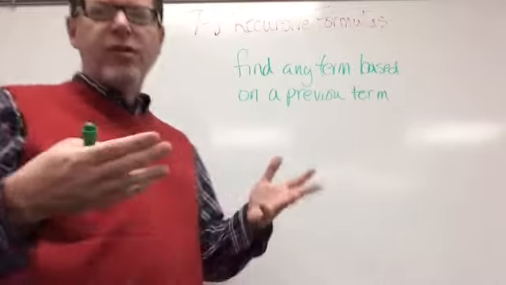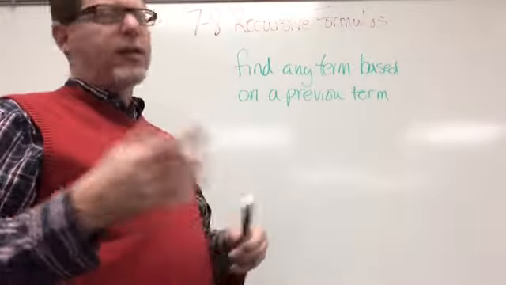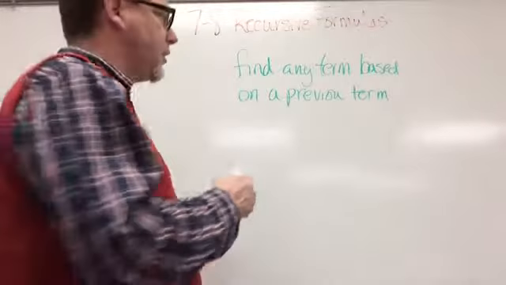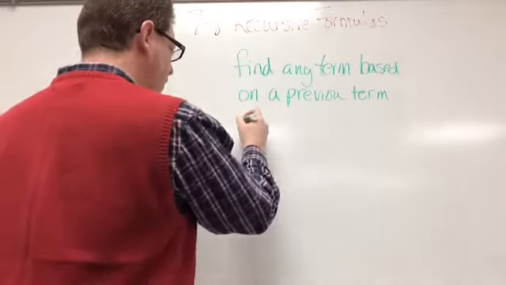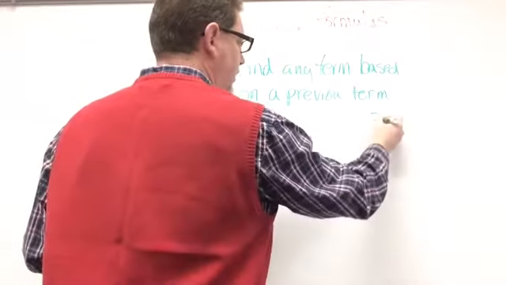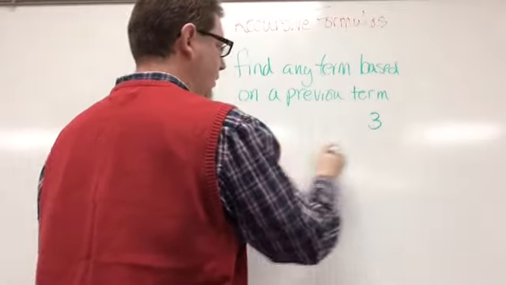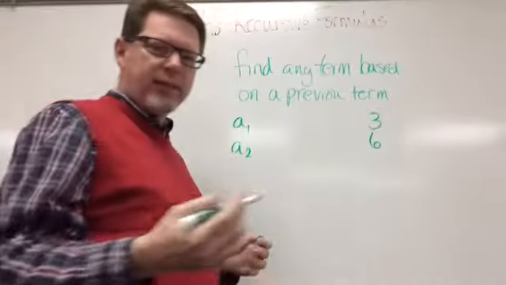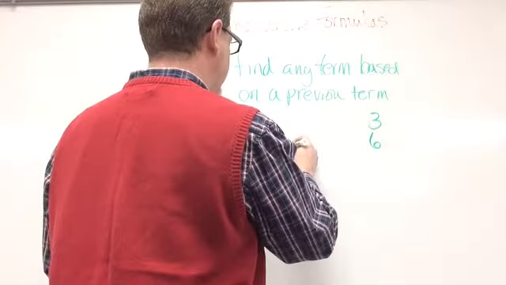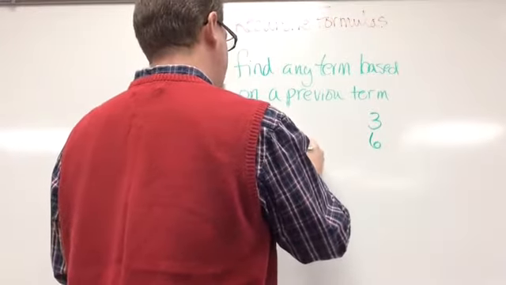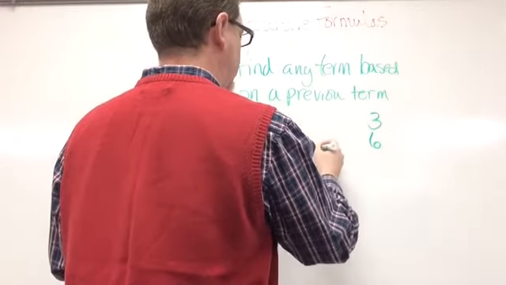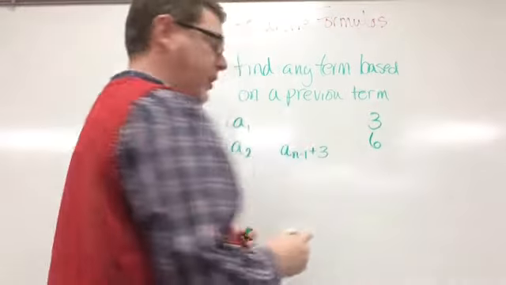So we're going to look at kind of what it looks like using the sequence 3, 6, 9, and 12. So if I know a sub 1 is 3, and a sub 2 is going to be 6, but how did I get that? I did a sub n minus 1 plus 3.